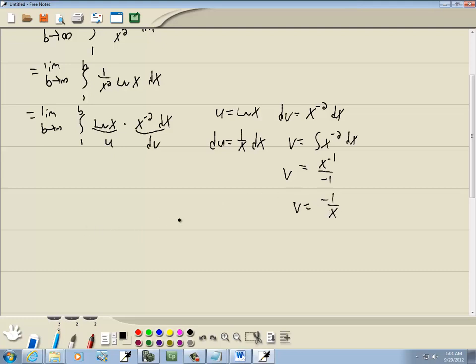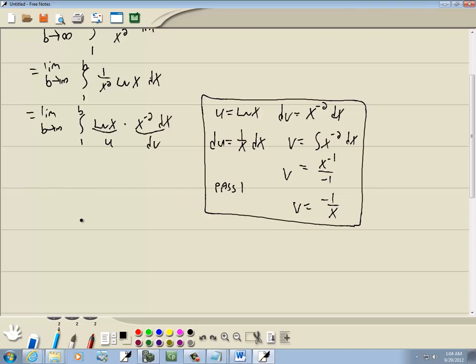Okay, our formula. I'm pretty sure all we need is part 1, but our formula is uv minus integral of v du. So limit as b goes to infinity of uv.